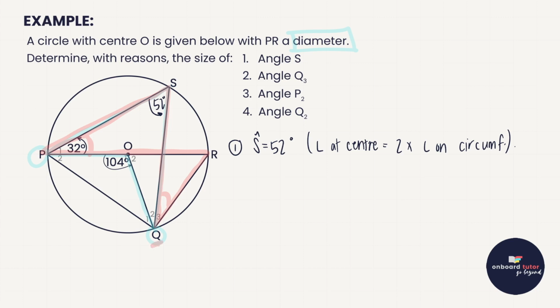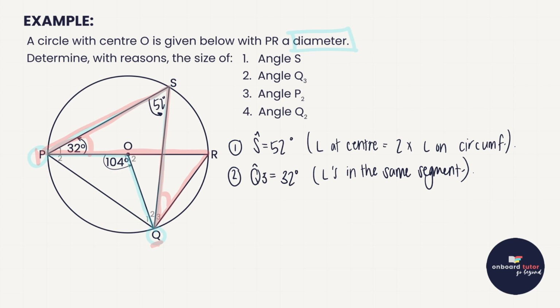Okay, and I just check, are they both on the circumference? And they are. So that means angle Q3 is equal to angle P1. Okay, so then number 2, angle Q3 is equal to 32 degrees. And the reason there is angles in the same segment.